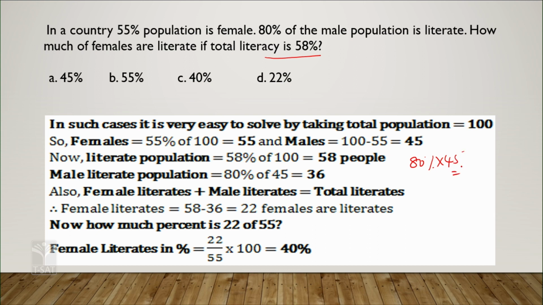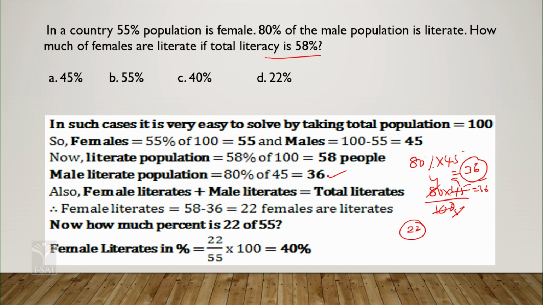What is 80% of 45? That's 36. Correct? You can calculate simply 80 into 45 by 100, which gives 36. Means the literate male population is 36. The total literacy is 58, means the remaining 22 are literate females.